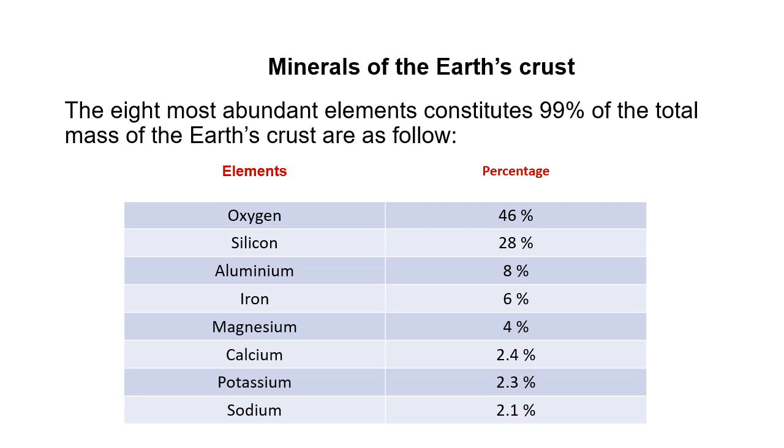Oxygen 46%, silicon 28%, aluminium 8%, iron 6%, magnesium 4%, calcium 2.4%, potassium 2.3%, sodium 2.1%, and all other elements in totality make up 1% of the earth's crust.